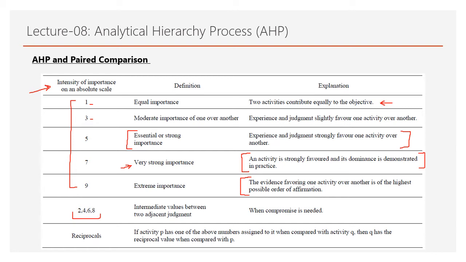On the other hand, we will have the reciprocals. Reciprocals are just this: if A is 3 times B, then B would be 1 over 3 of A. This is the reciprocal value. If activity P has one of these numbers assigned to it when compared with activity Q, then Q has the reciprocal value when compared with P. Okay.